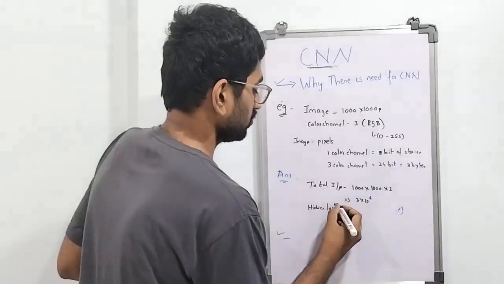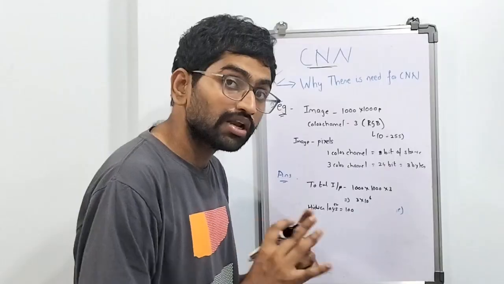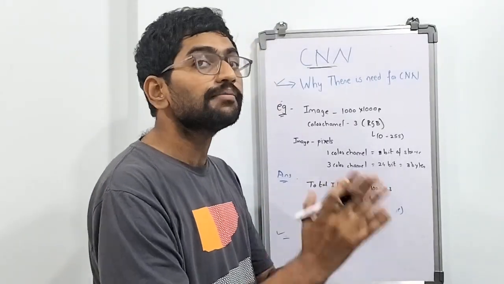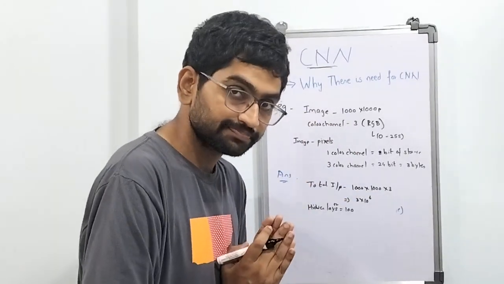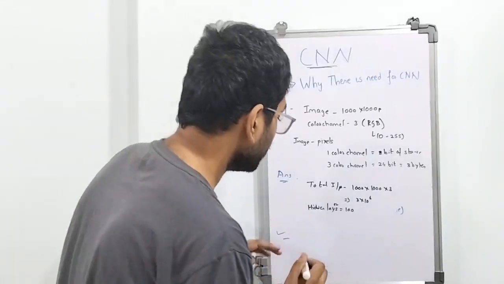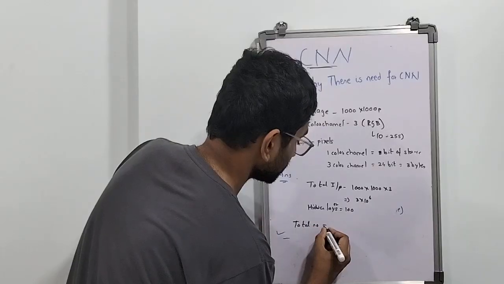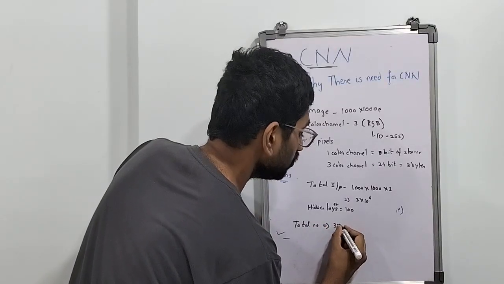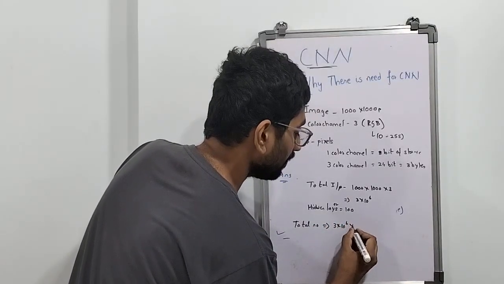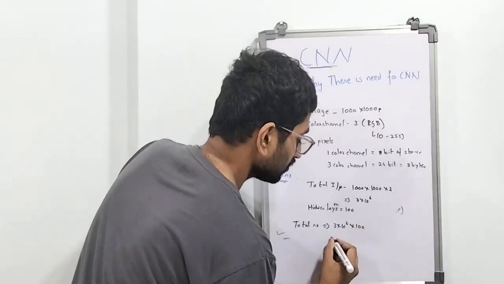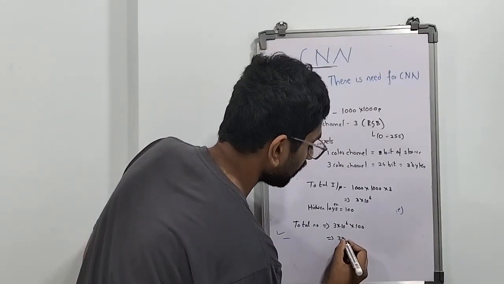To calculate the total number of possibilities, it will be 3 into 10 to the power of 6 multiplied by 100, so that is 3 into 10 to the power of 8.